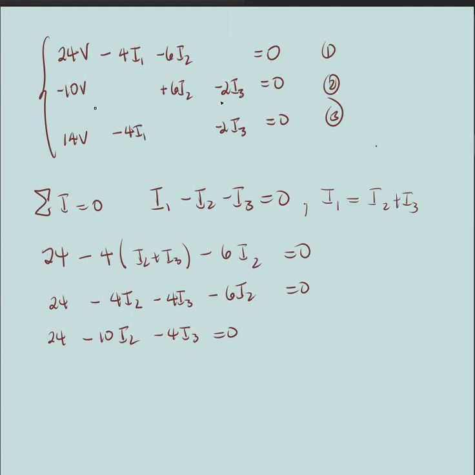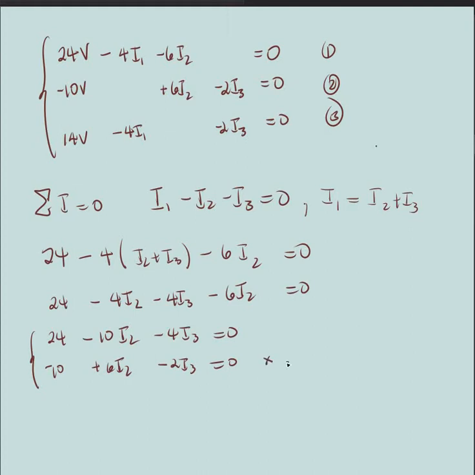Now, using the middle one, the equation 2, it says minus 10 volts, let's put minus 10, plus 6I2 minus 2I3 is equal to 0. And what we're going to do is this. We have here a system of linear equations.